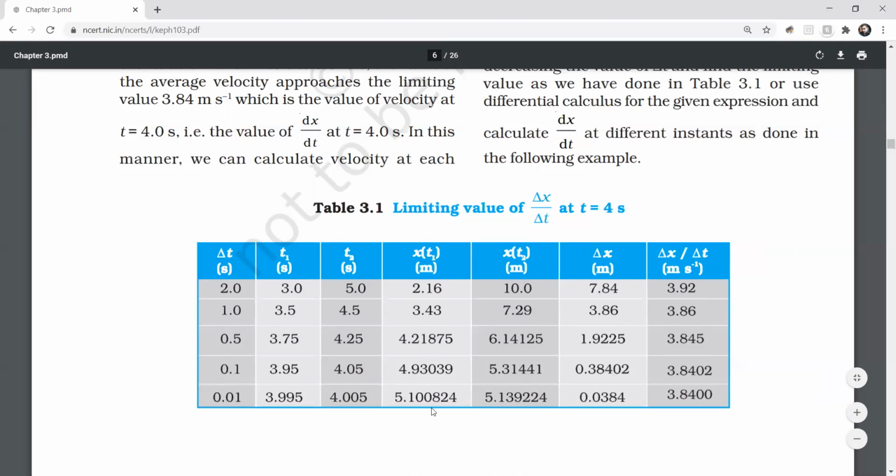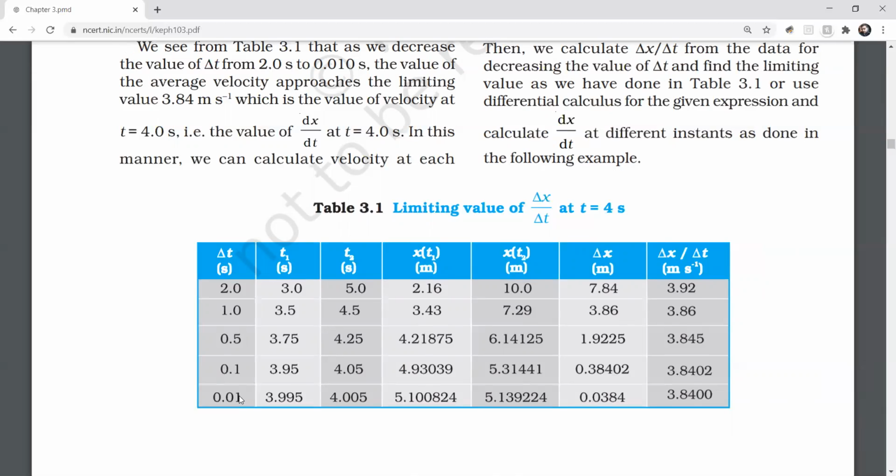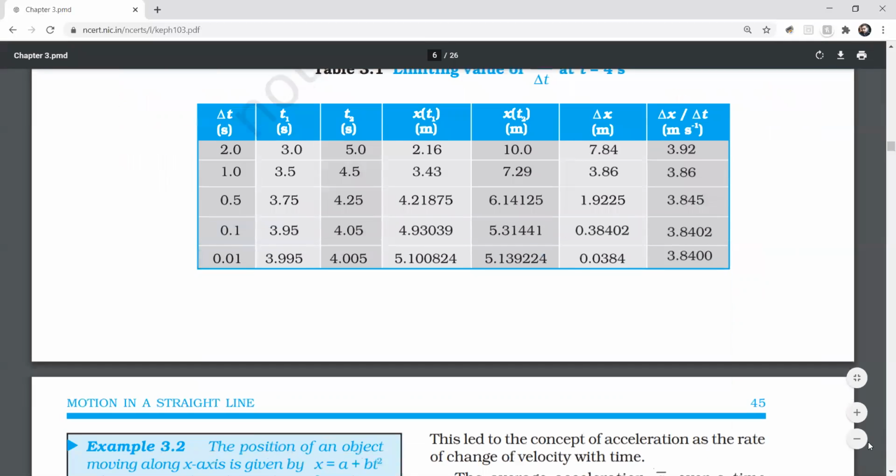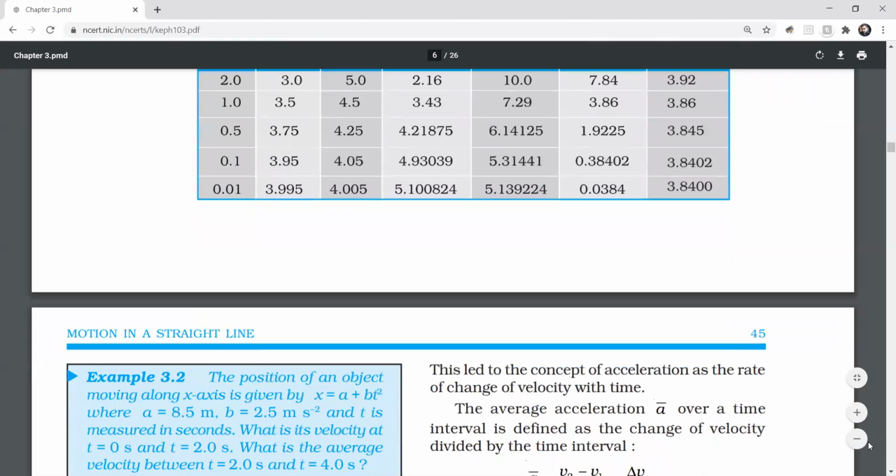Now you can realize that the limiting value, even for a very small duration of time, let's say 0.01, so that at the 4th second plus 0.01, you see that the velocity is almost similar to what it was at 2 seconds as well. So even though the limiting value can change, the amount of the velocity will not be as different as you would believe it to be.